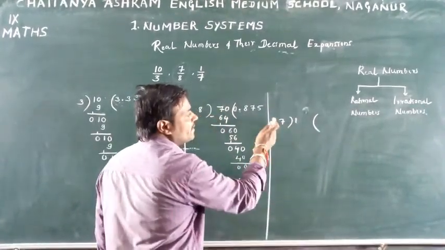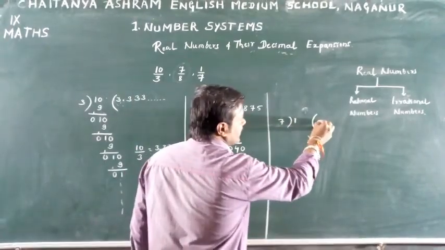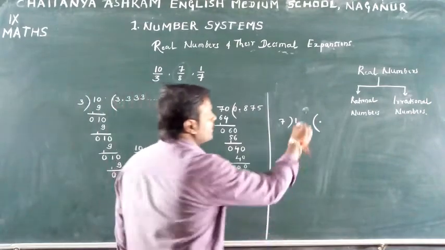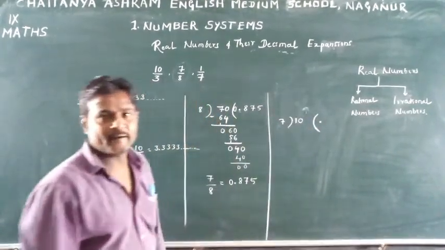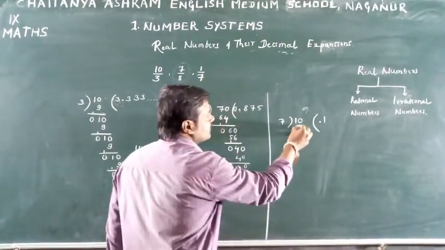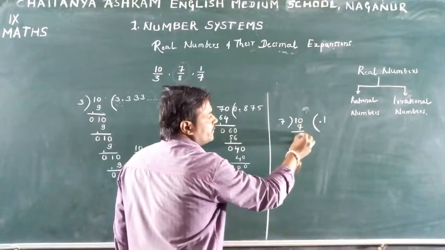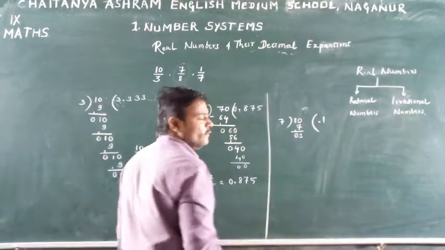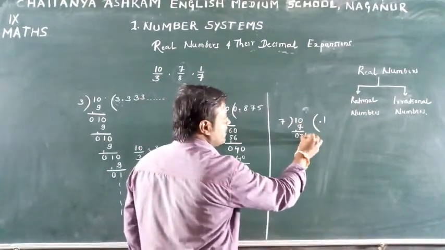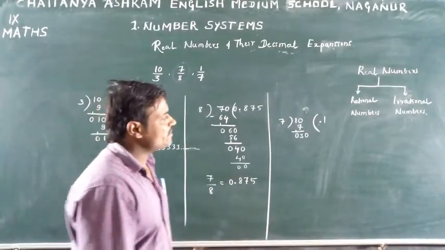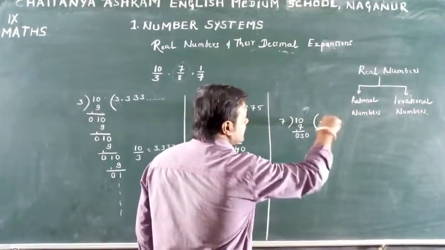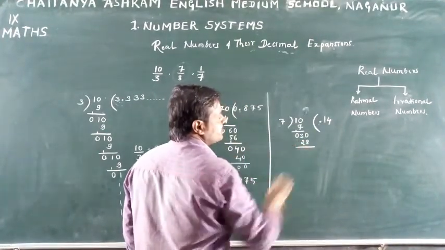To make it greater than the divisor, put a decimal in the quotient, then write 10. Now it is greater than the divisor. 7 ones are 7, 10 minus 7 is 3. We already put a decimal in the quotient, so write one more 0, which gives 30. Near to 30 in the 7 table, 7 fours are 28.